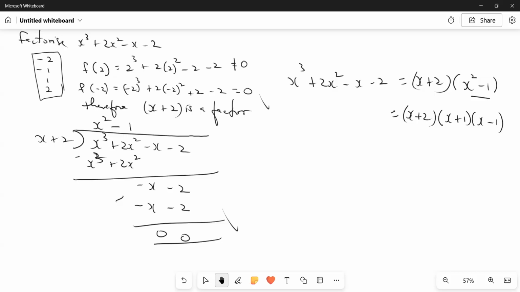Now, instead of this long division, because in this case, let's just say you know all the factors, trying them in here is too much long work. And this long division is rather scary, isn't it? Or you think it's easy?